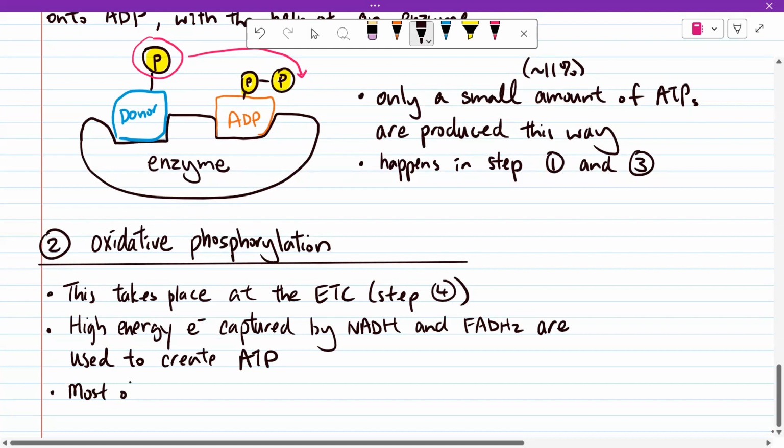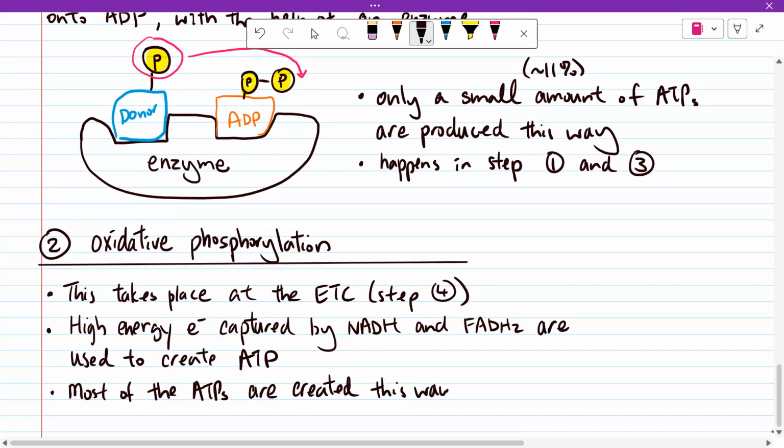Most of the ATP is created this way. Okay, we'll say about 90%.